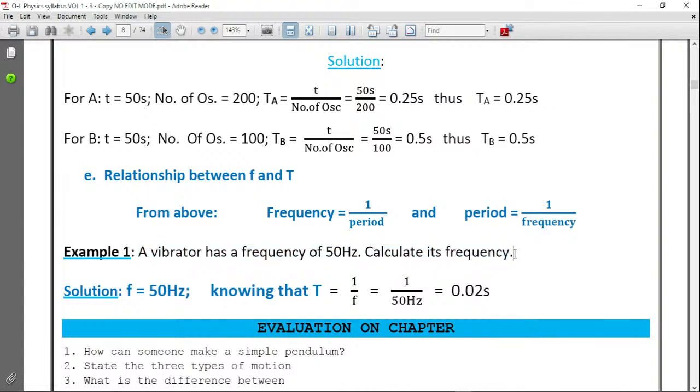Calculate its period. Since this is its frequency, the period will be 1 over frequency, which will be 1 over 50 hertz. And that gives us 0.02 seconds.